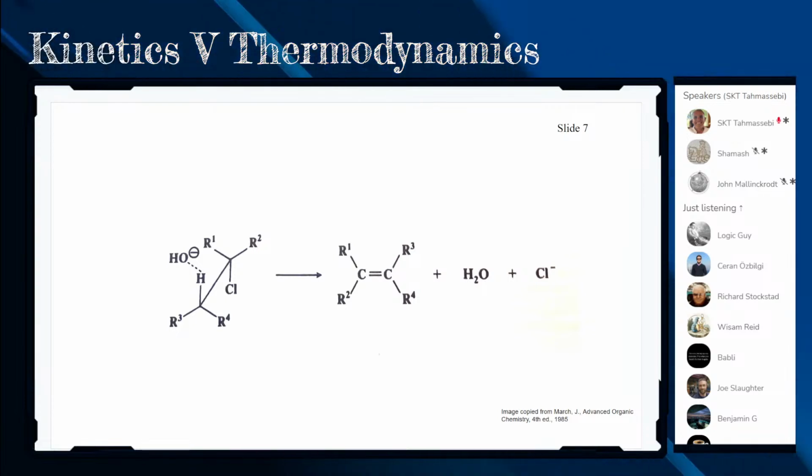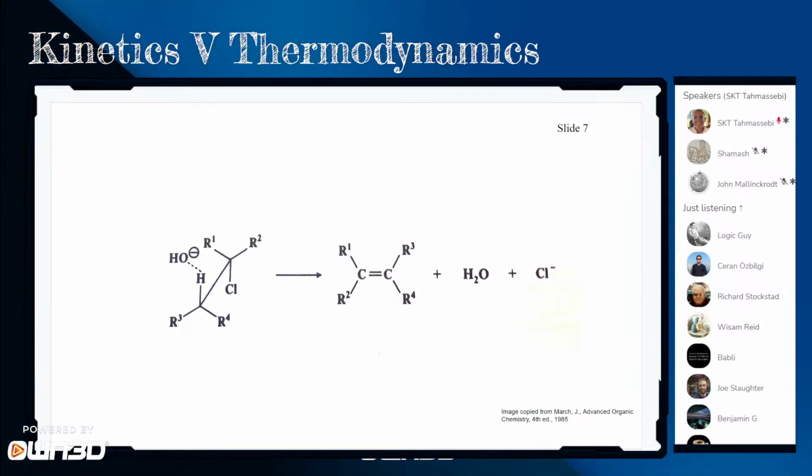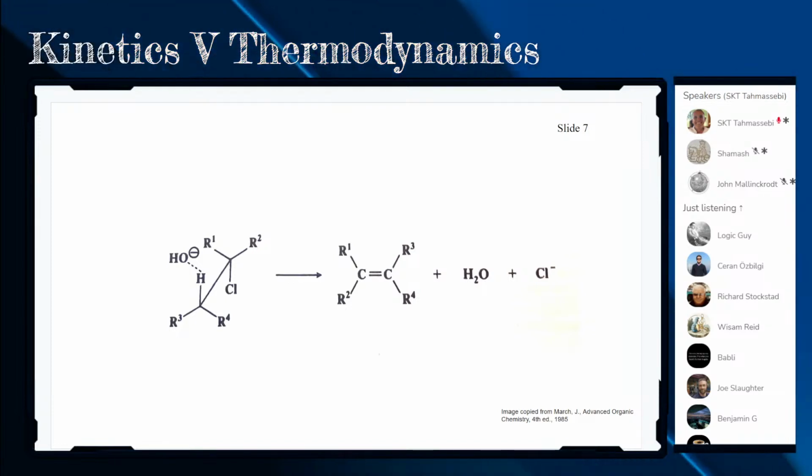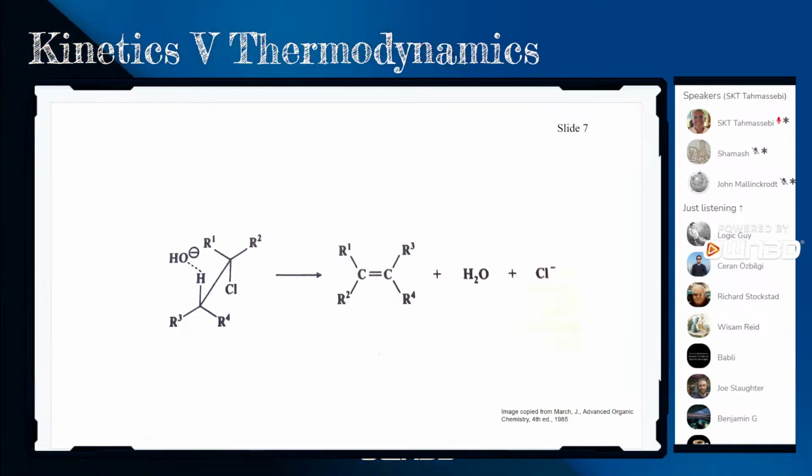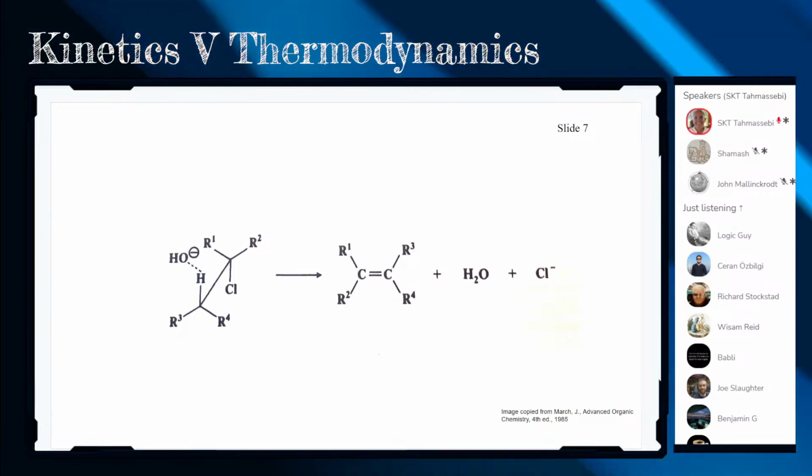Well, how about the organic moiety? That's the same way too, right? Clearly it can spin around the carbon-carbon bond. It vibrates, the whole molecule is rotating, tumbling, going about. In the transition state, the OH minus has to come in at a specific angle and a specific direction to get the proper overlap with the hydrogen, right?